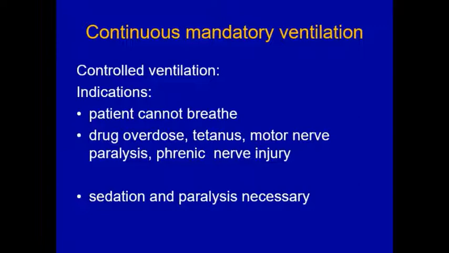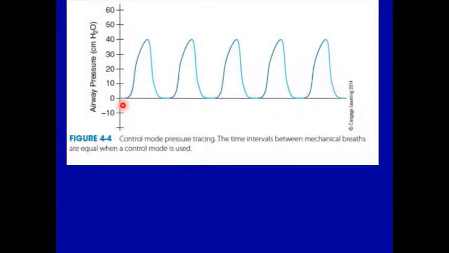So everything, that is the triggering, inspiration, cycling, expiration, is decided by the ventilator. Tidal volume is decided by the ventilator, and the patient cannot breathe in between. So this is continuous mandatory ventilation controlled mode. Here you can see the pressure time graph in case of continuous mandatory ventilation control mode.